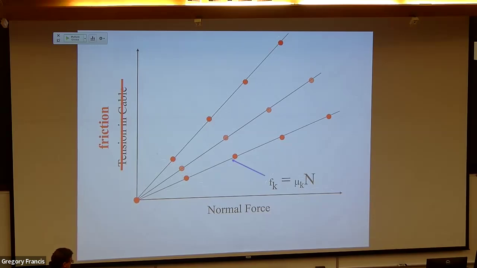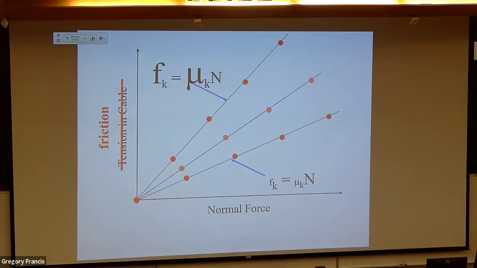And so here I would have a small coefficient, and here I would have a large coefficient. And that gives us a feeling for what the coefficient means. It's the roughness. It's how hard it is to scrape these two surfaces against each other. It's the nooks and crannies.